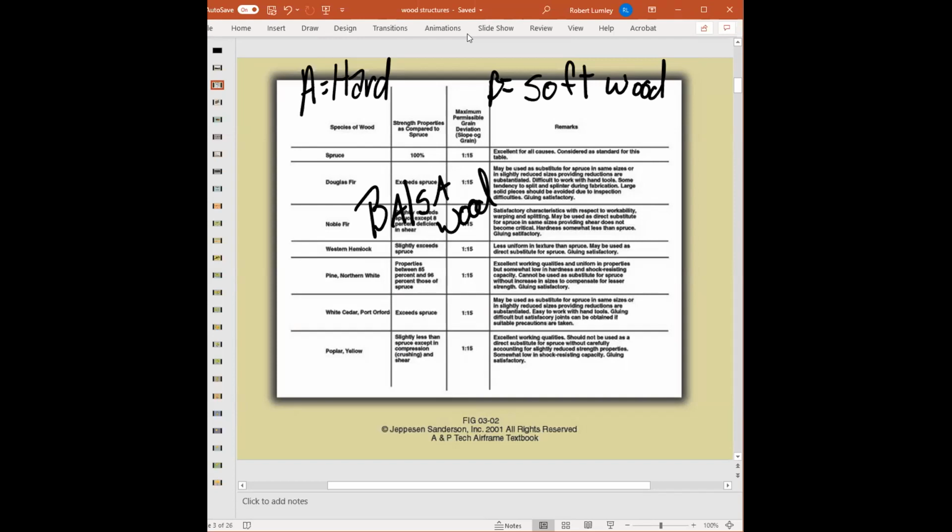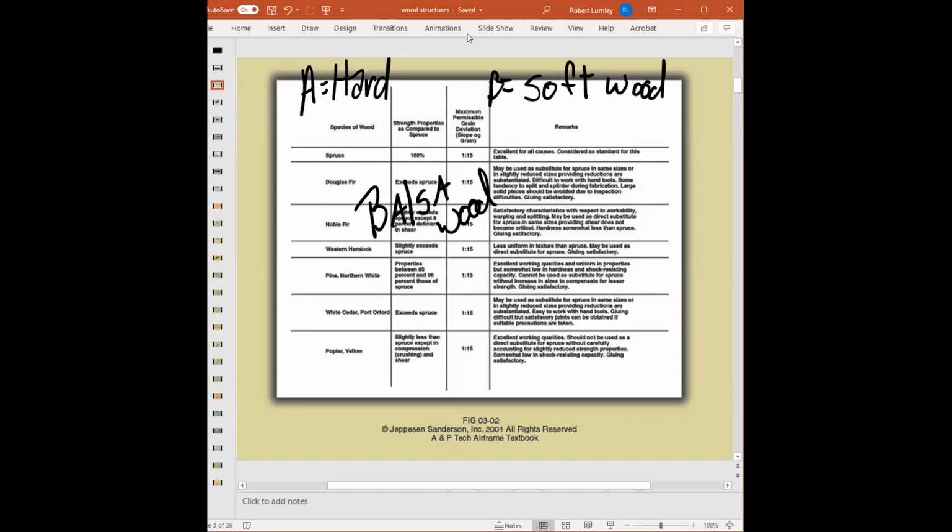If you put your fingernail into it, you can compress it really easy. Balsa wood is one of the materials that we talked about in composites that we could replace the damaged core material with, as long as the grain is going from reinforcement to reinforcement, meaning vertical, let's say. Okay.